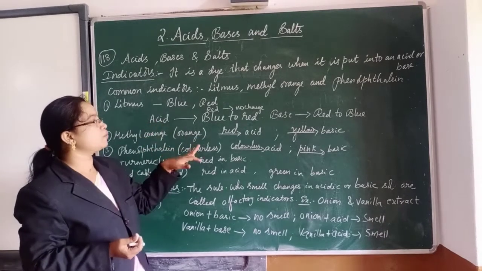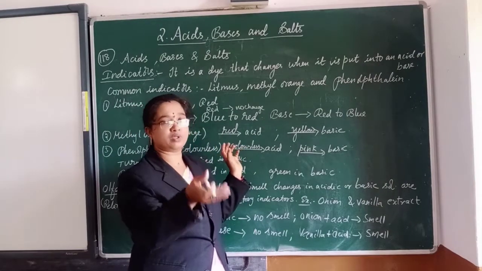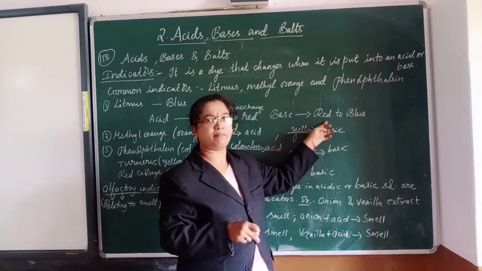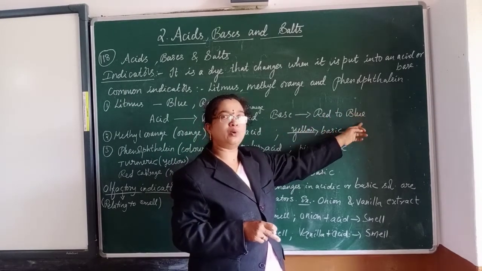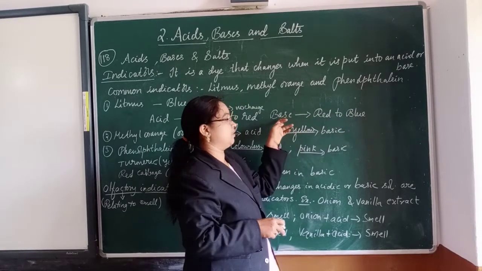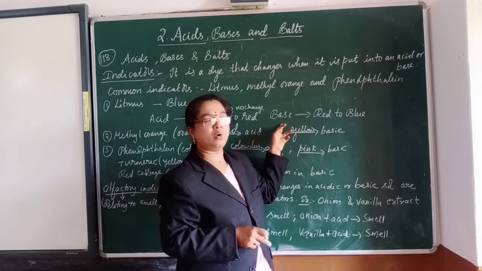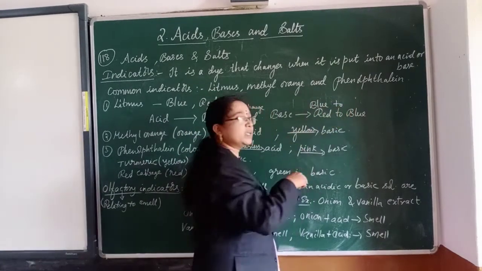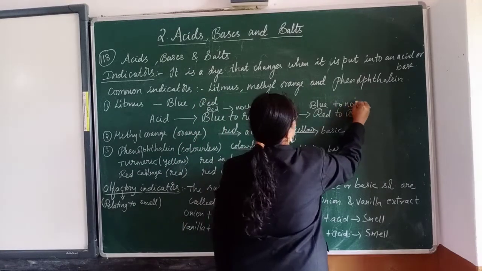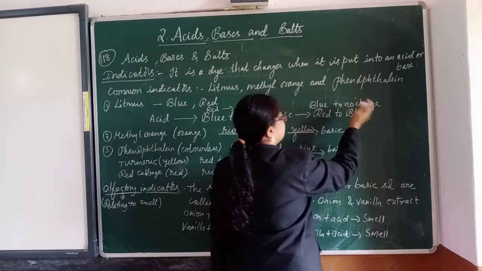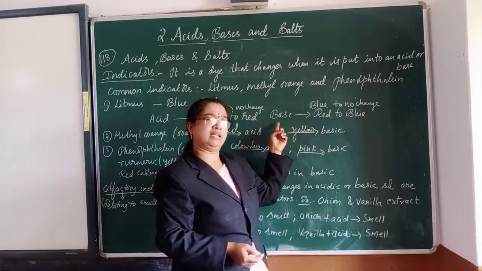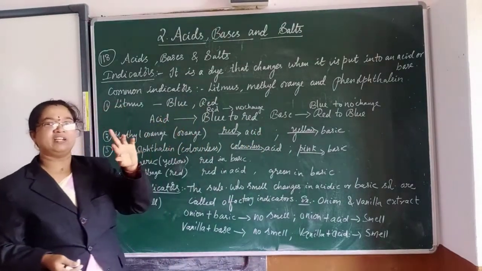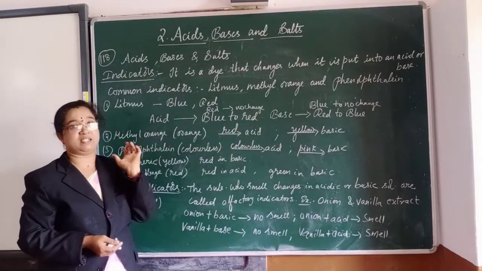Then if you take a solution, put red litmus paper in it and the red color changes to blue, then that solution is a base. Or if you put blue litmus paper in it and there is no change, it stays blue, then that solution is a base. So this is how we differentiate acid and base using the litmus indicator.